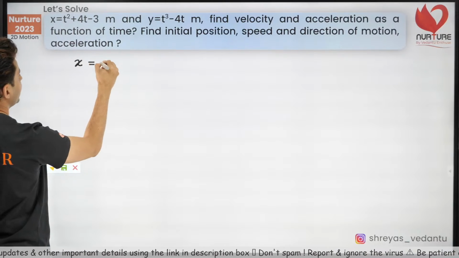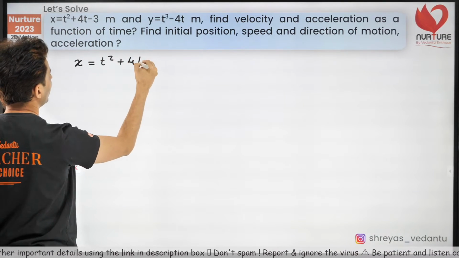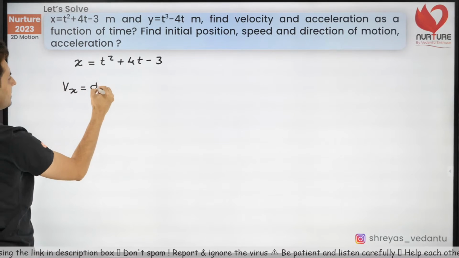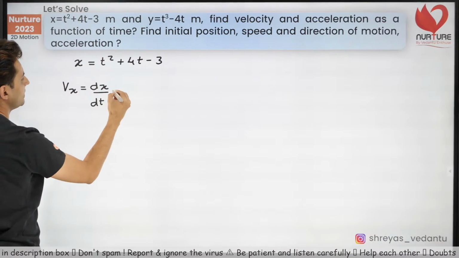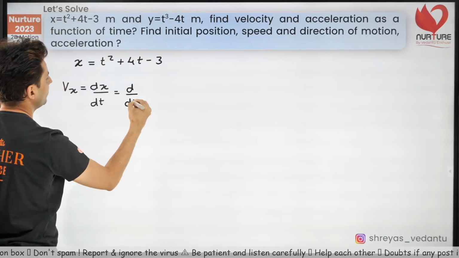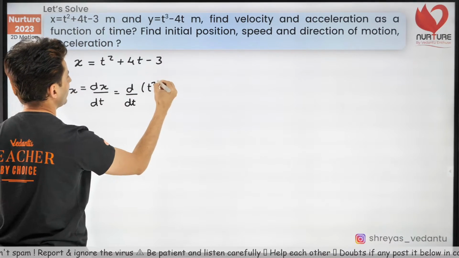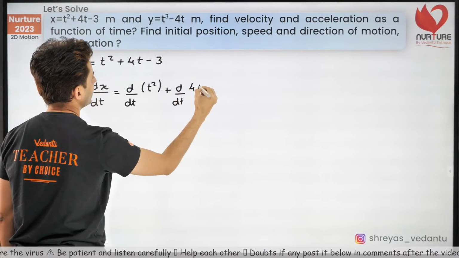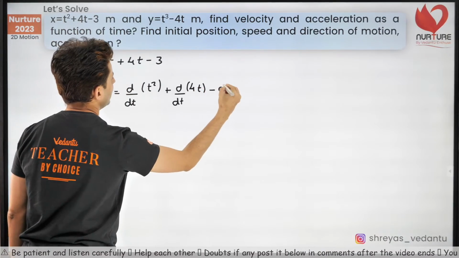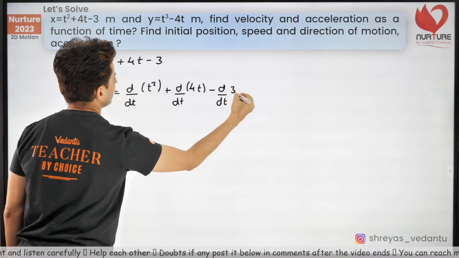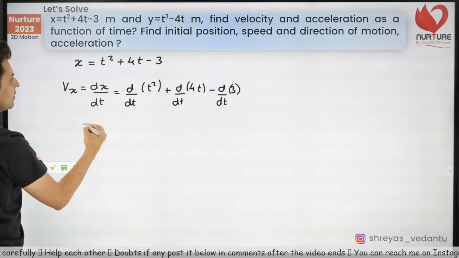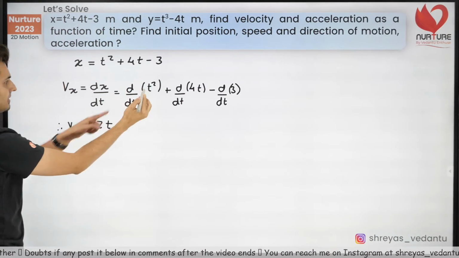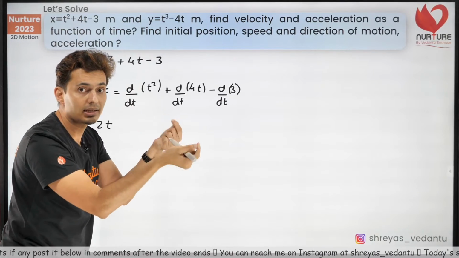So x is t square plus 4t minus 3. If I have to find Vx, it's nothing but dx by dt. That means it's the derivative of t square, plus derivative of 4t, minus derivative of 3, correct? So three terms separate. The derivative of t square is 2t, using n x raised to n minus 1.